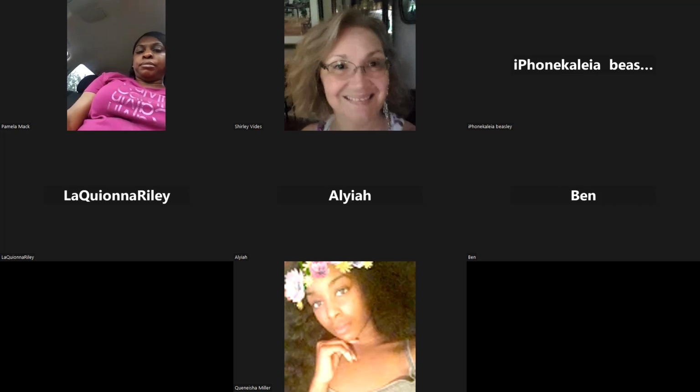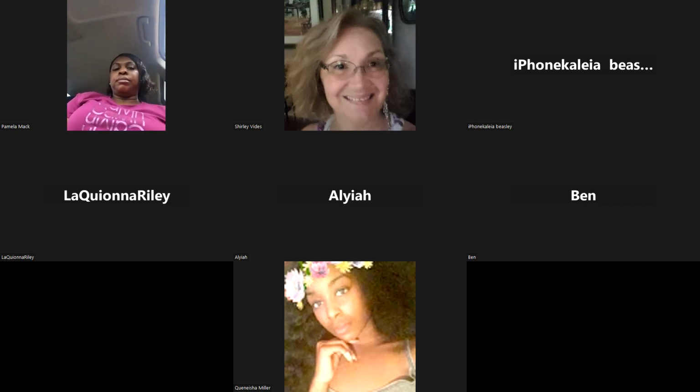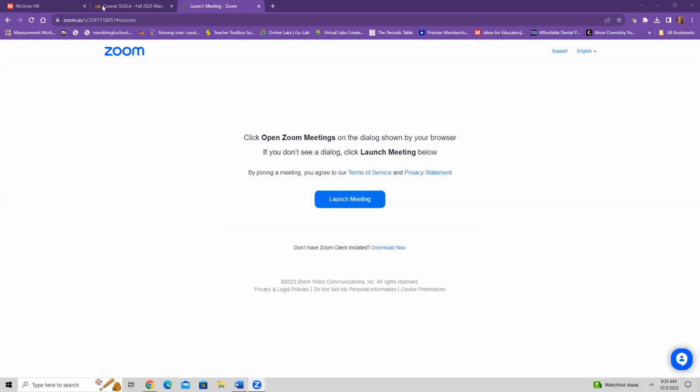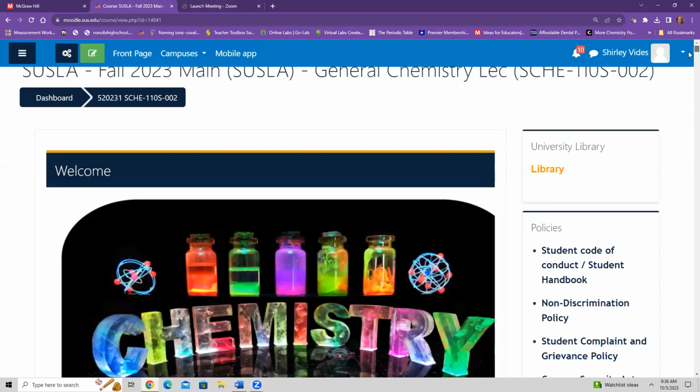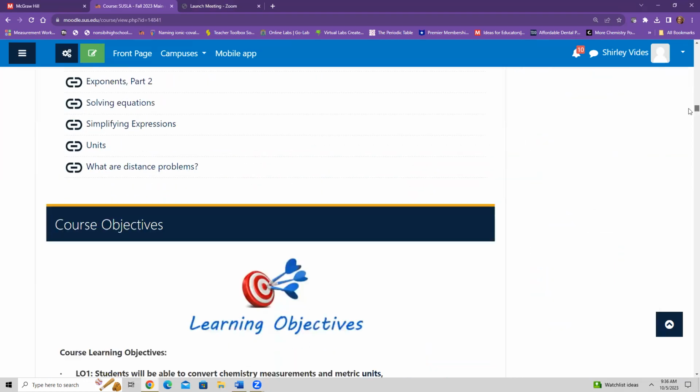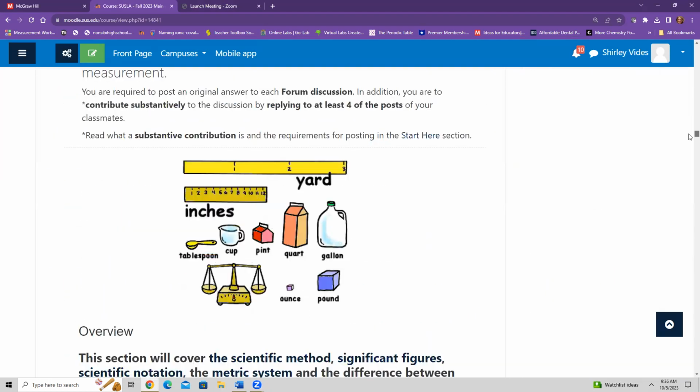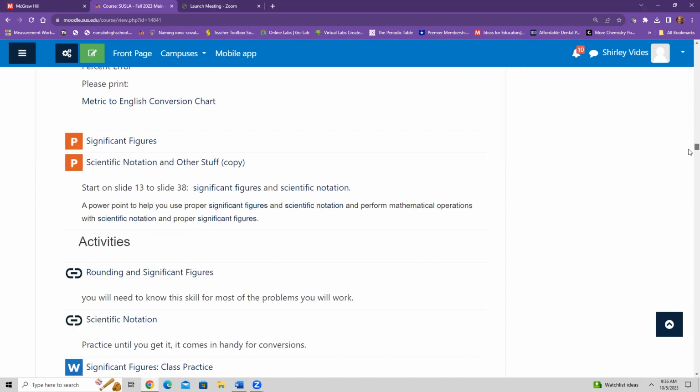All right, I guess it's time to share screen. We're starting right off today because we got a lot to do. This last time we completed, I think, the sheet except for the periodic table, right?